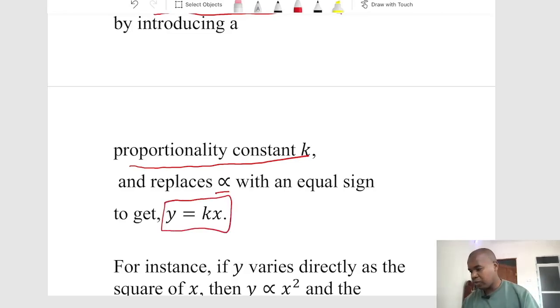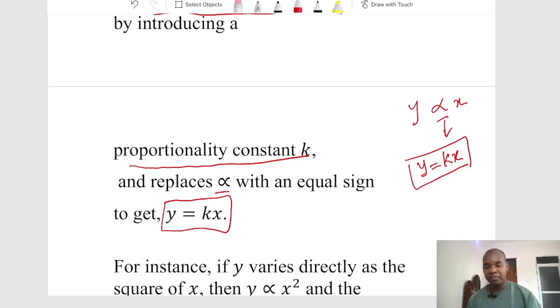So we started with y is direct proportional to x, and eventually the next step you remove alpha, you remove the proportionality sign, you get the equation which is y equals kx, and this is now the equation connecting y and x.